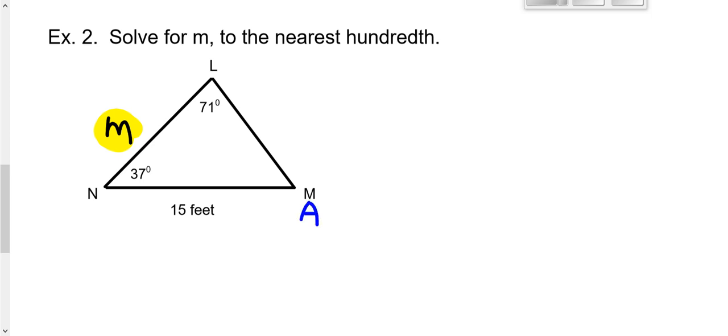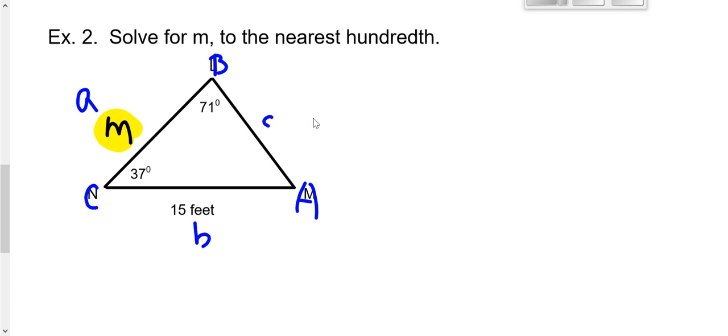You can call this A, and which side you copy doesn't matter. You can call this B, and then this is a small b, this is a big C, this is a small c. Okay, so now since this is not a right angle triangle, don't do SOHCAHTOA.